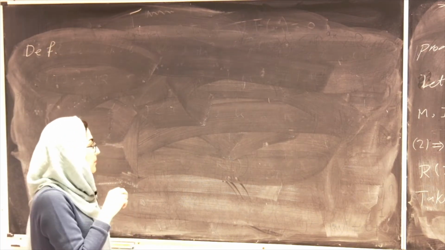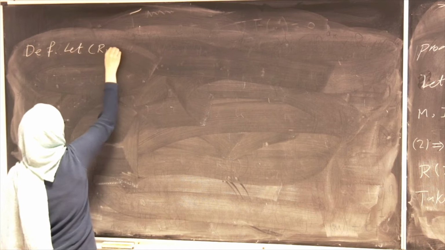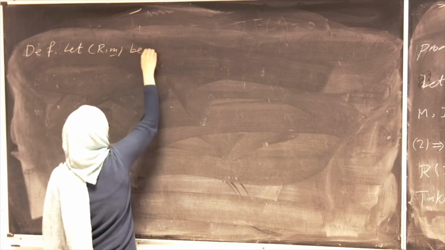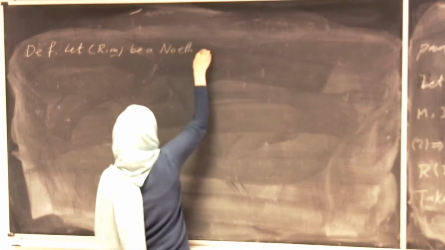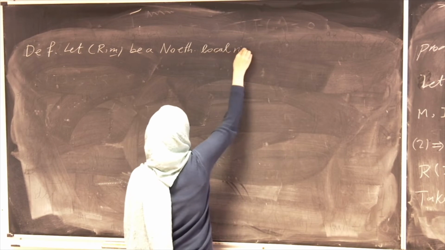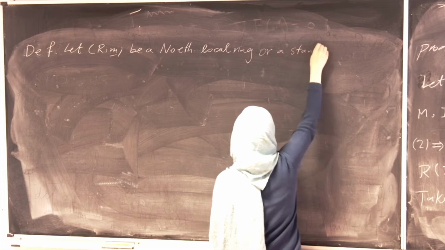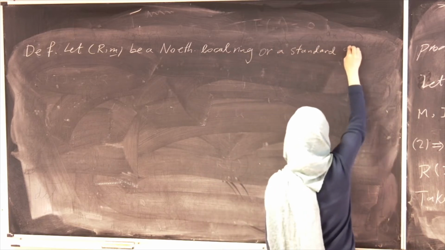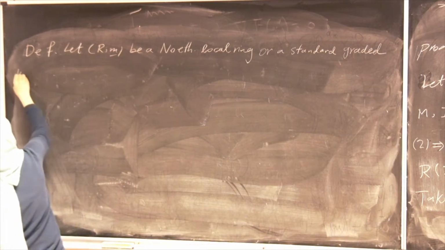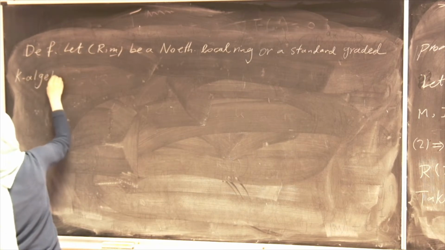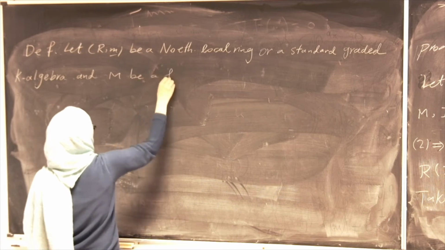So our assumption on the ring is that R is either a Noetherian local ring or a standard graded K-algebra, where K is a field, and M is a finitely generated R-module.